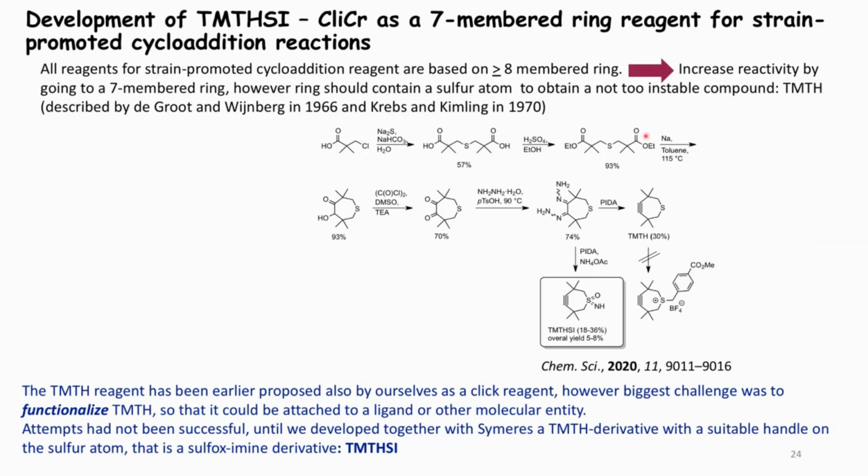But if you look at the synthesis, it has some challenging steps. Here the acetylene condensation, here a Swern oxidation, and here this reaction with hydrazine, and in the literature lead tetraacetate or silver oxide was used. Fortunately, that could be replaced by a high-valent iodine compound, but still this is a challenging synthesis.